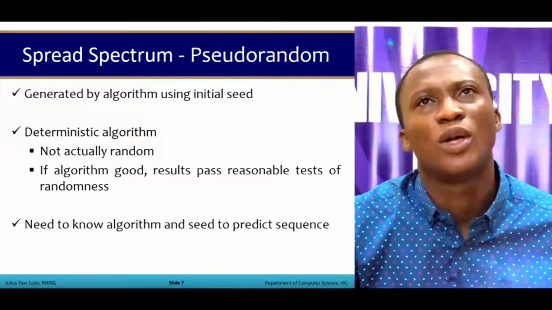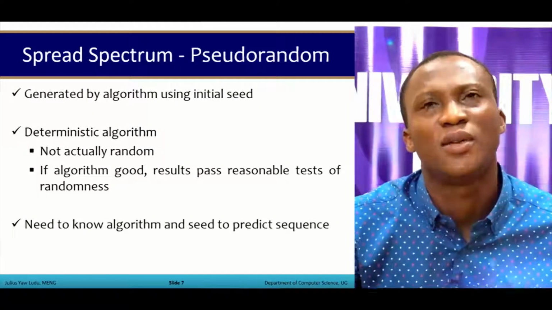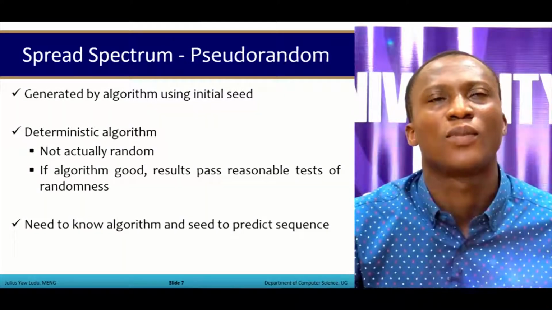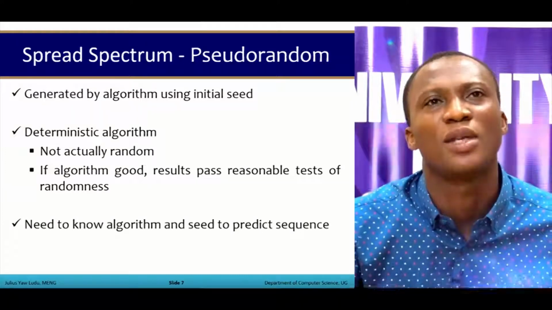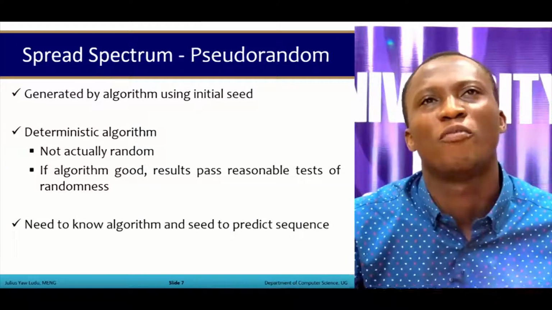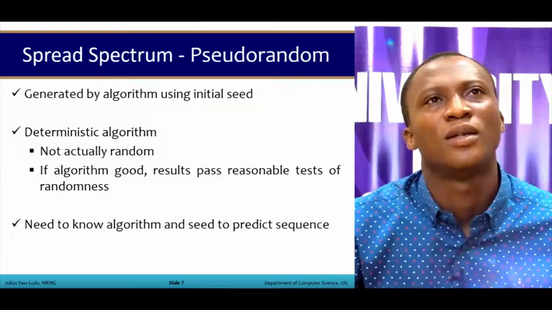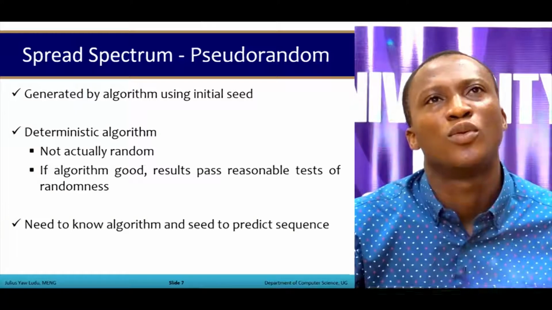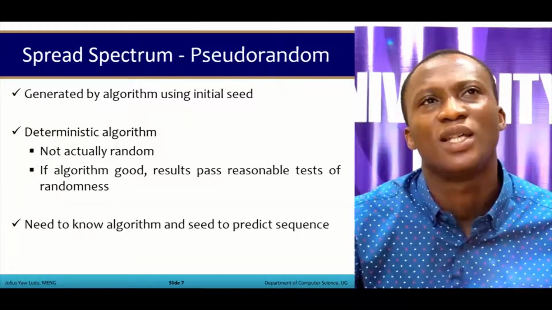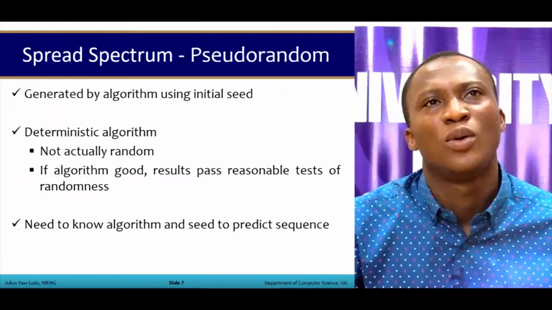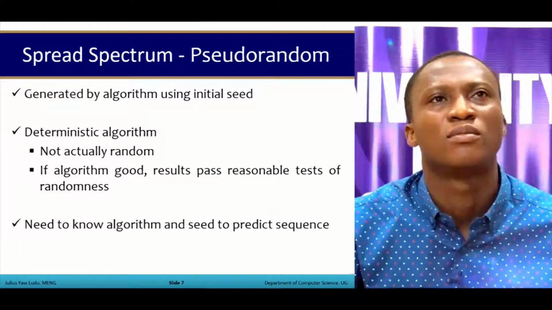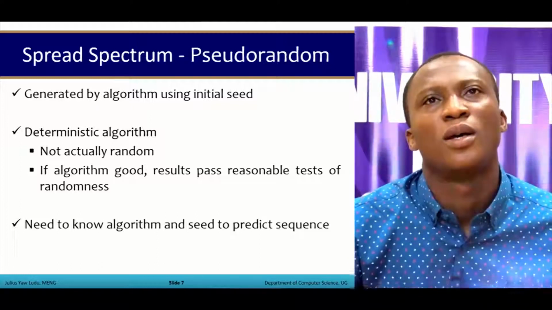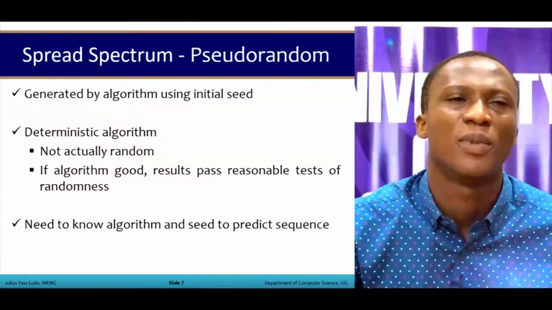Now let's look at the pseudo-random code. This is generated by an algorithm with an initial seed. The initial seed can be a number made up of binary zeros and ones, and these numbers are generated using an algorithm. It is a deterministic algorithm, which is not actually random. If the algorithm is good, then the results pass a reasonable test of randomness.